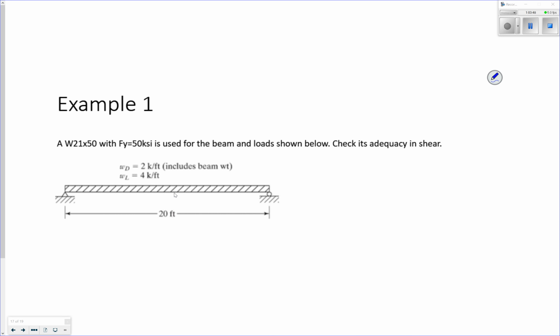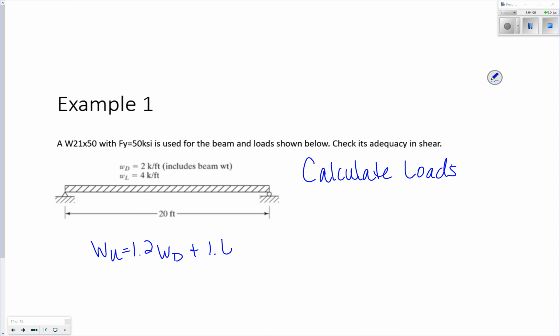So first, calculate my loads, right? I notice it includes my beam weights.